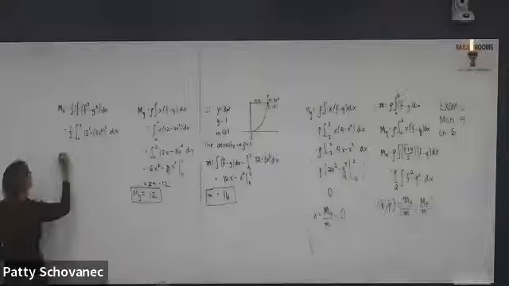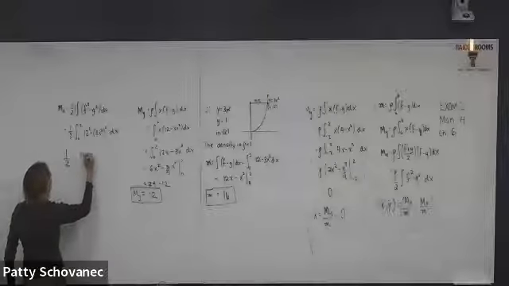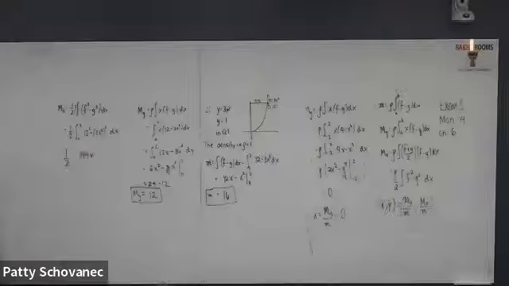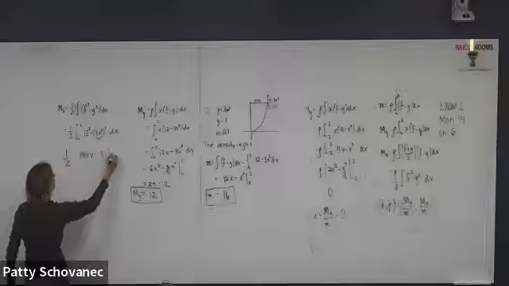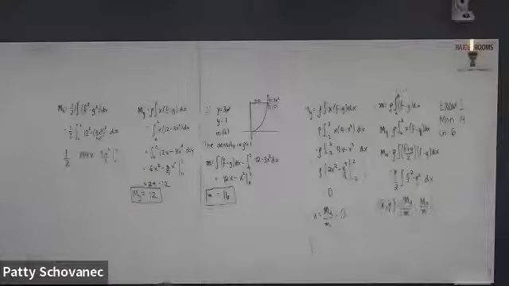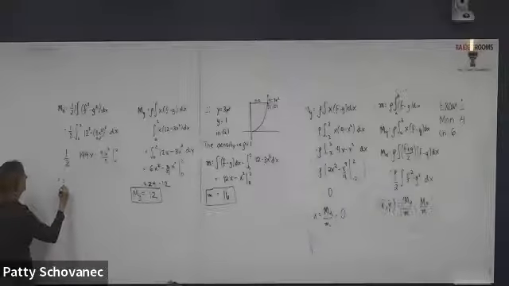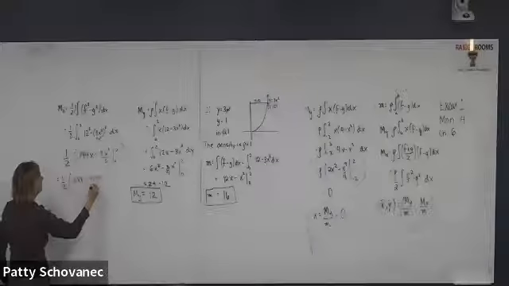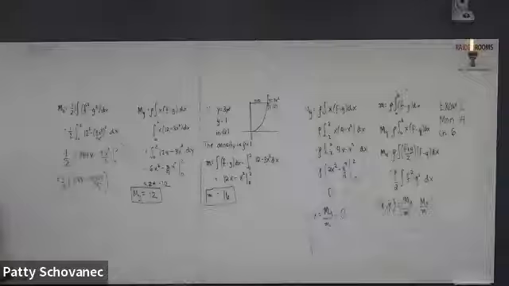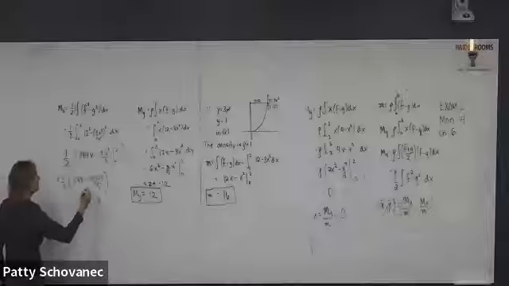12 squared is 144. 144x will be the integral of that. 3x squared squared is 9x to the 4th. When we integrate that, we get 9x to the 5th over 5, from 0 to 2. And here's the yucky part. 2 times 144 is 288. And this is 9 times 32 over 5. 2 times 9 is 18, 27, 28.